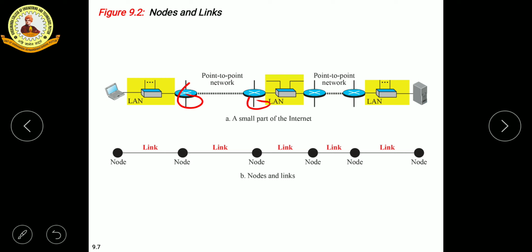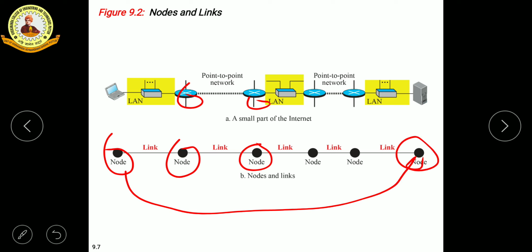These LANs and WANs are connected by routers, and it is customary to refer to end hosts and routers as nodes. So these I call nodes. The first 2 are our source and destination, and these are connected through a network.